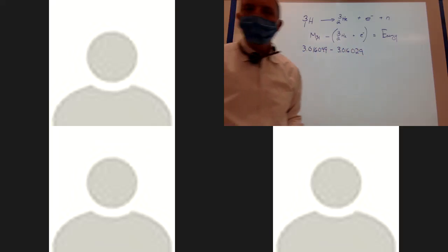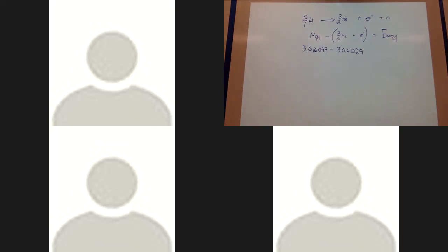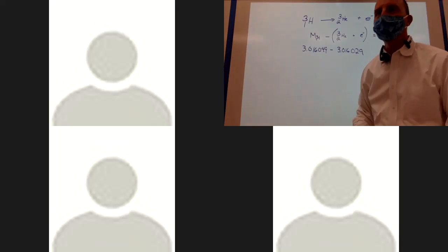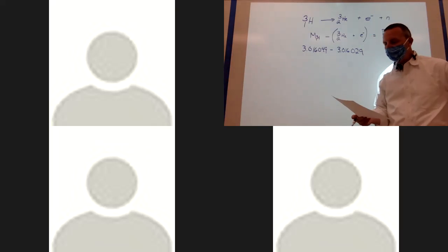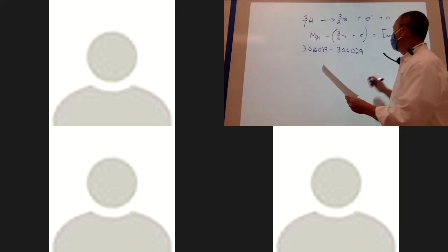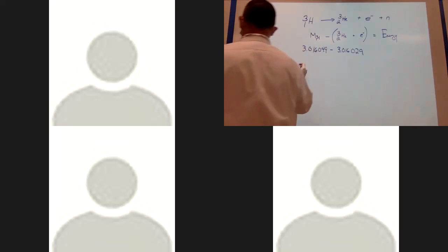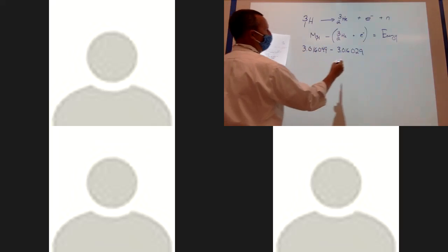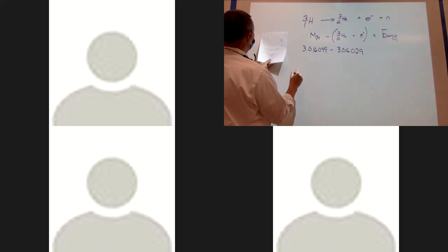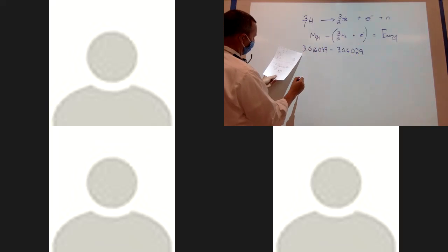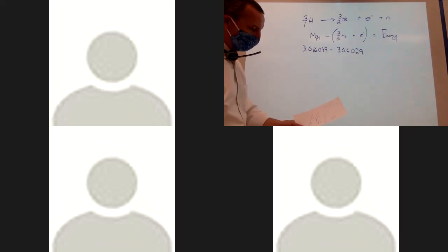Now, honestly, I'm not sure why, because when I did this, the mass of an electron is, where's my notes? It's a little easier if I just look in my notes instead of the book. The mass of the electron is... I can't find it.